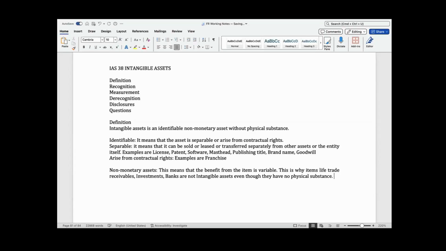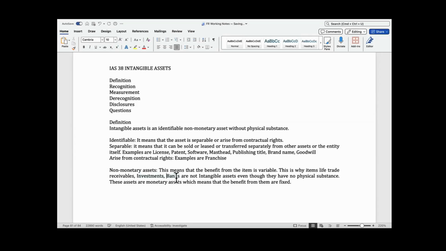Okay? And that's because these assets are monetary assets, which means that the benefit from them is fixed. Take an asset like trade receivables or investments in a bank: it's not something you can see.